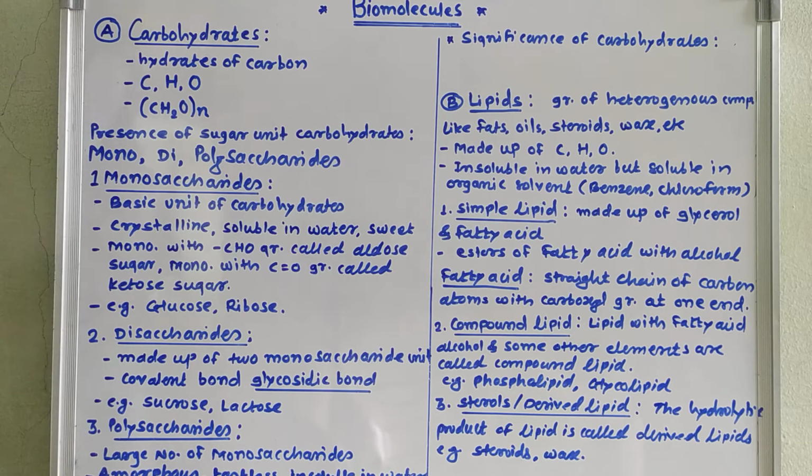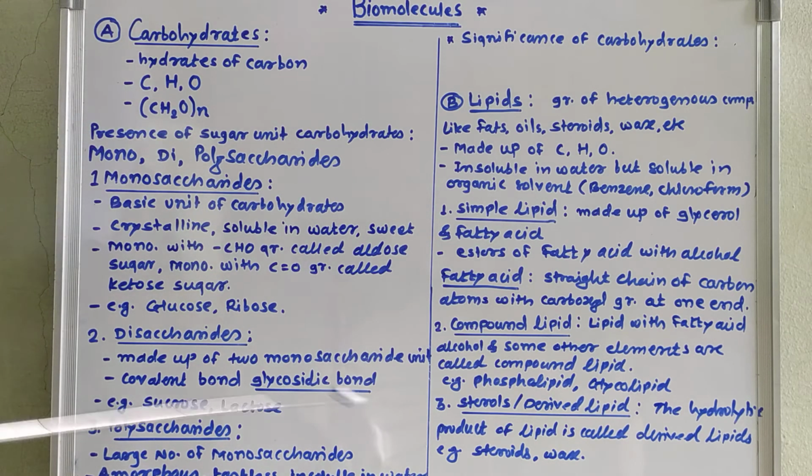Then disaccharide lactose, which is found in milk, is mainly used to give energy to babies in mammals. Next, polysaccharide acts as a structural component of the cell wall and cell membrane.